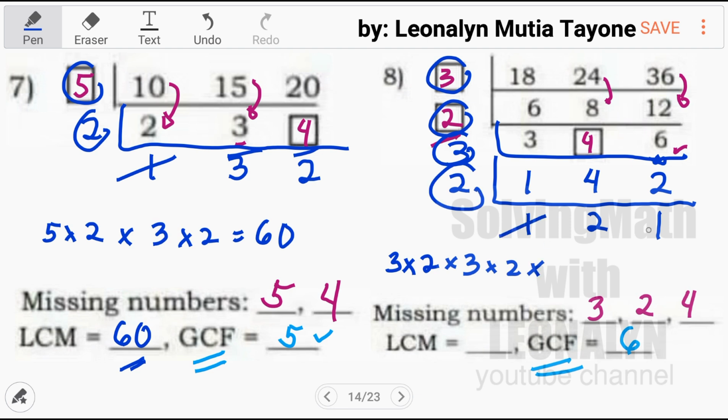Tapos, ignore mo na yung mga 1, pareho lang din naman. Tapos, times 2. 3 times 2, 6, times 3, 18, times 2, and that is 36. Times 2, 72. So, ang least common multiple dito ay 72.